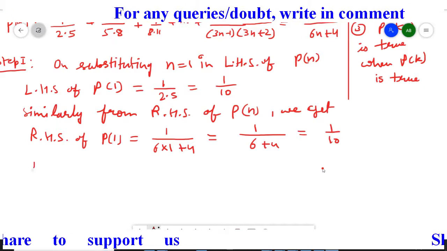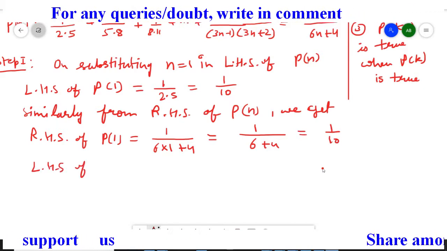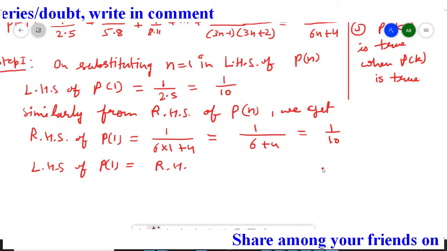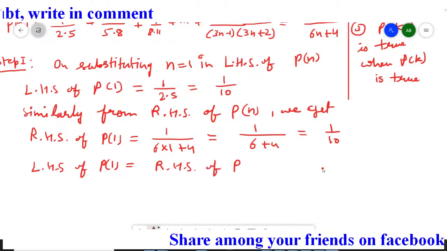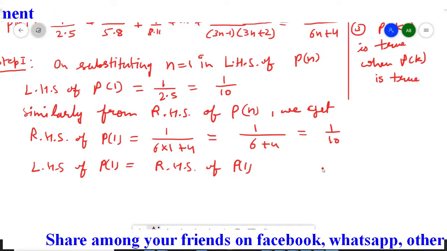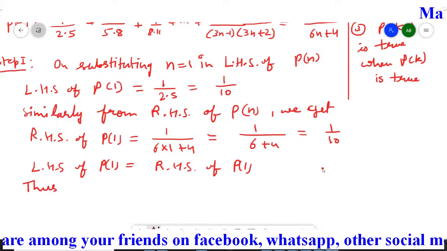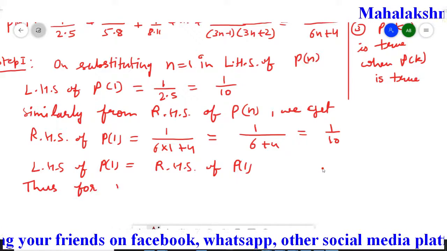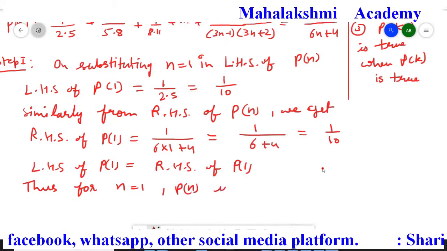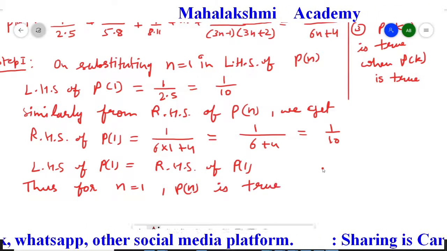So what we obtained is that the left hand side of P1 is the same as the right hand side of P1. Thus for n equal to 1, the Pn statement is true.